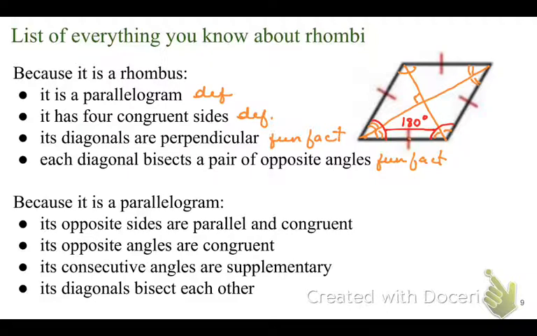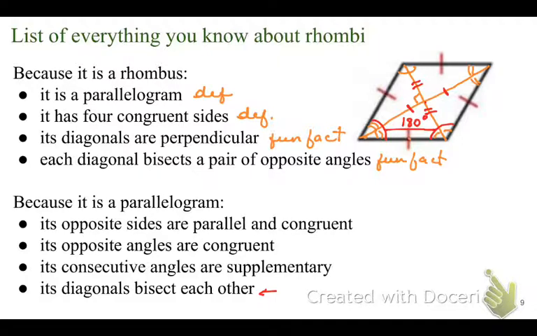We also know that the diagonals bisect each other, so this is half of this diagonal, this is half of the other, and this half of this diagonal is equal to this half of this diagonal. But notice that they are not all 4 equal to each other. They're only equal to their twin on the opposite side of this bisector.